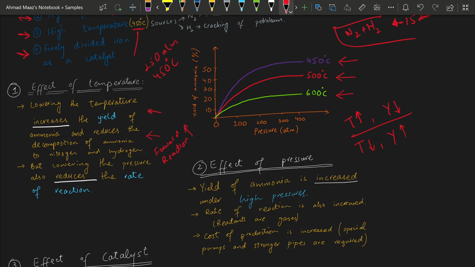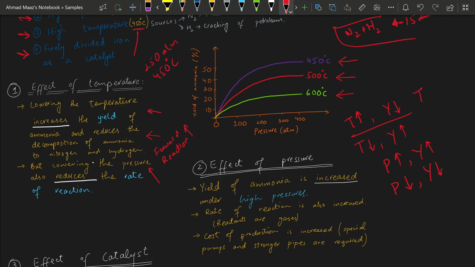And if we lower the pressure, then the rate of reaction also reduces, which means that if pressure increases, then the yield increases. When we reduce the pressure, the yield will also be reduced.